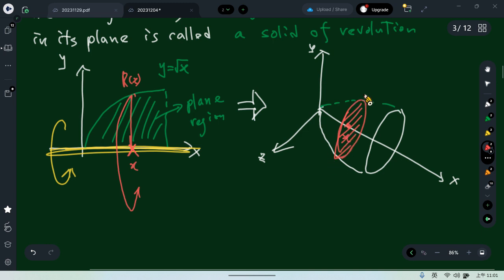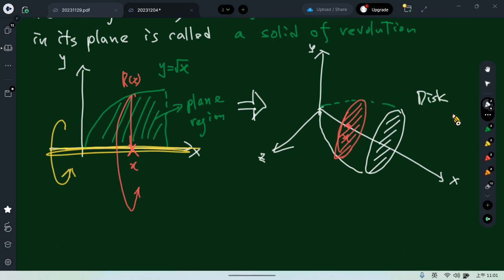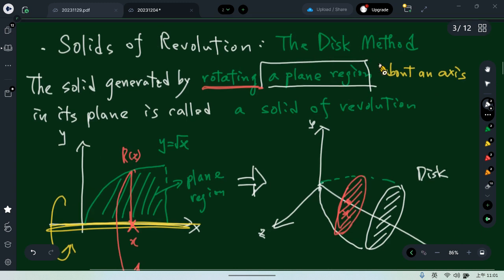It will be a circle, right? So here is a circle, here is a circle, until the end is also a circle. The so-called circle, sometimes we can regard as a disk. It's a circle and also a disk, right? So that's why we say the disk method. We just sum all of the disks together.